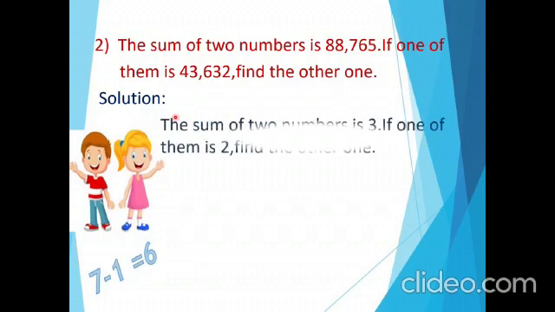For that sake, I am taking the single digit numbers: the sum of two numbers is 3. If one of them is 2, find the other one. For the same problem, instead of large numbers, I have taken single digit numbers, that is 3 and 2.